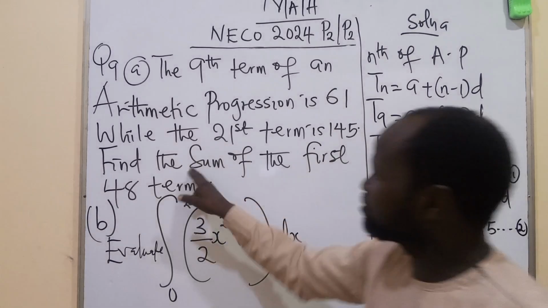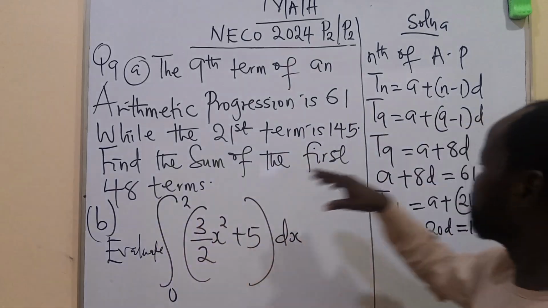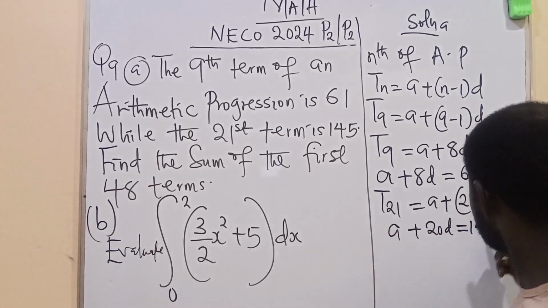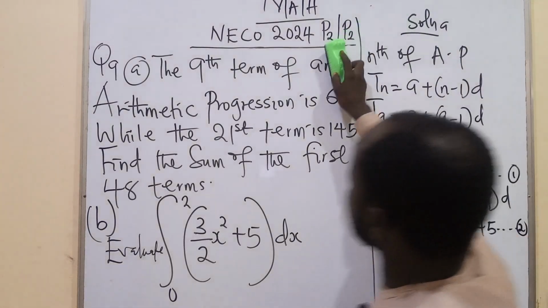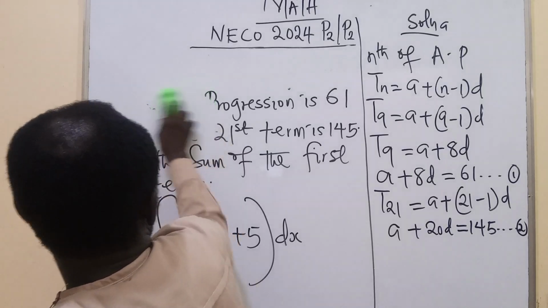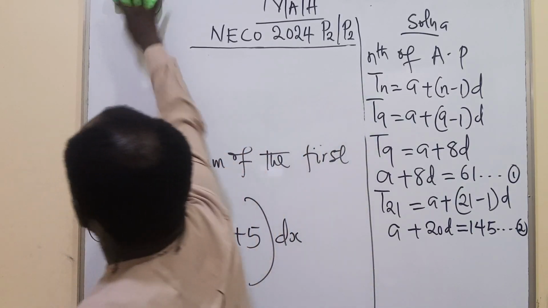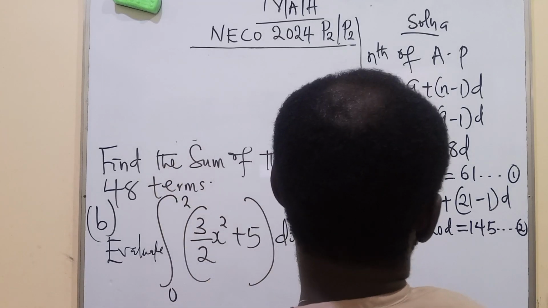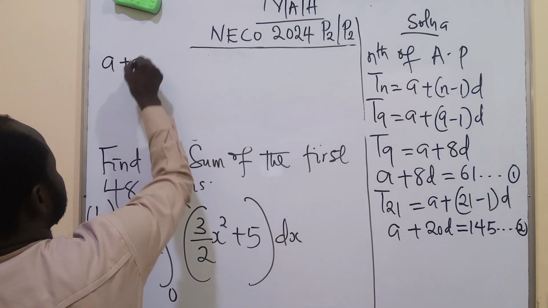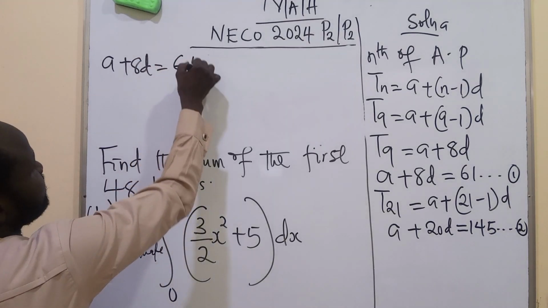So for us to find the sum of the first 48 terms, we need to find the first term and the common difference D. So let's move here to solve the two equations. Our equation 1 is A plus 8D equal 61.